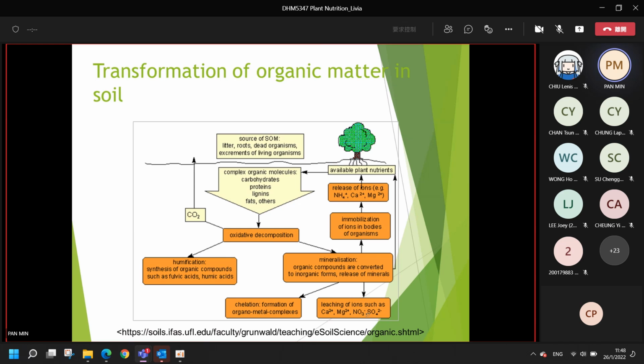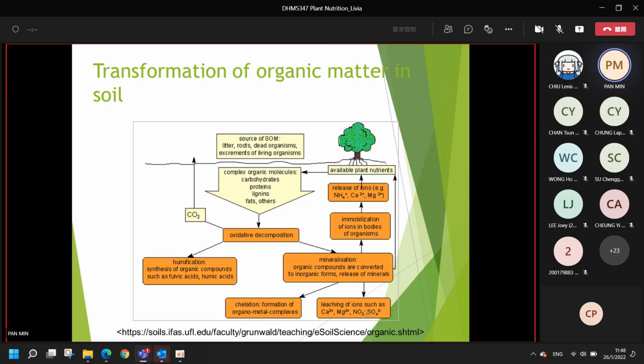And here you can see that the soils, including the litter and roots, the dead organisms, and excrement of living organisms, will enter into the soil and decompose into complex organic molecules such as carbohydrates, proteins, lignin, fat, and others.